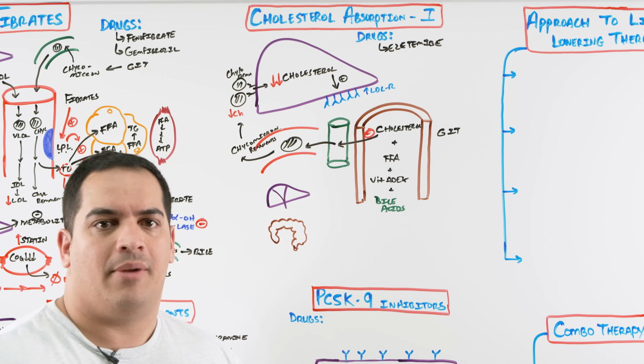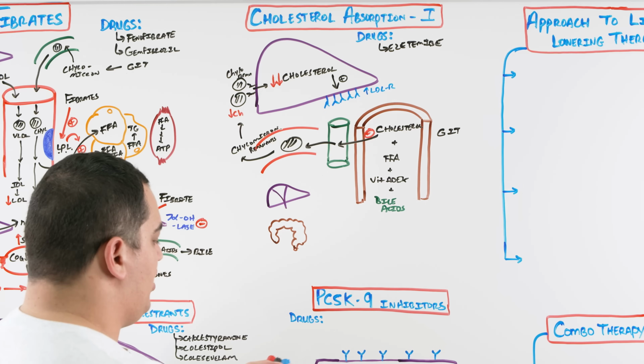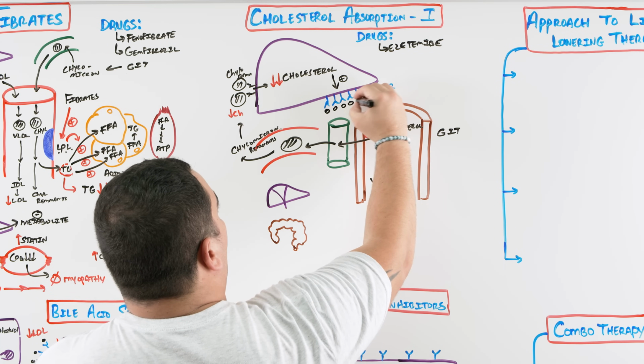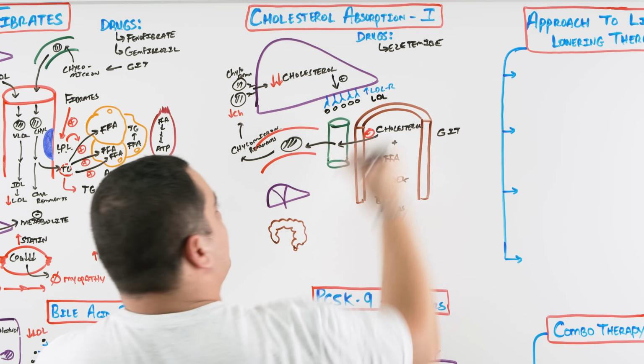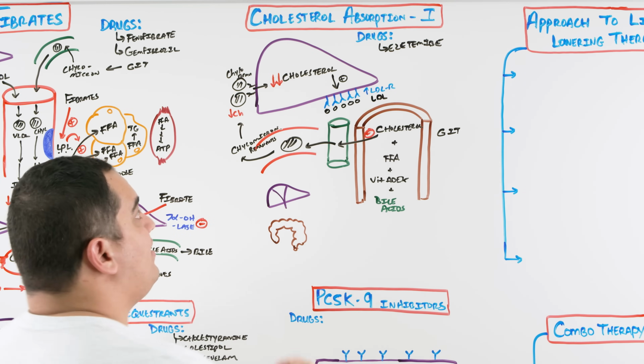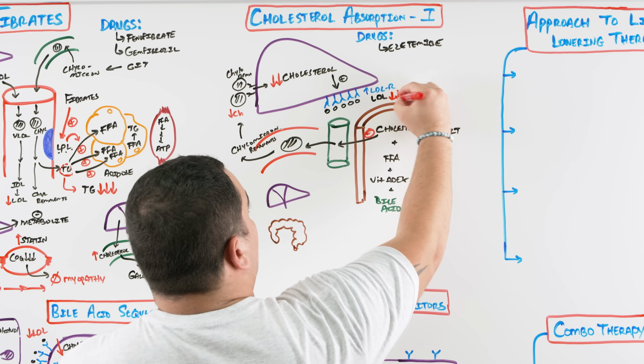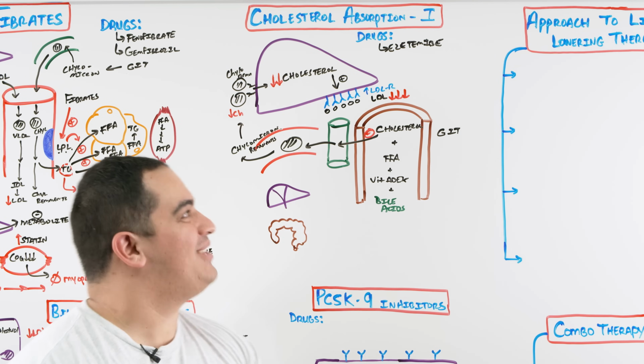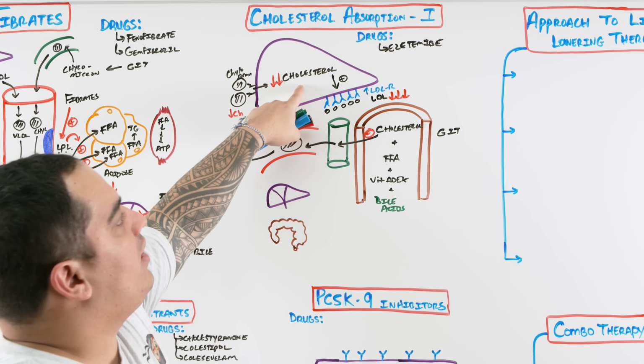That's the whole concept. So if I increase the number of LDL receptors, I'm going to bind way more LDL molecules, bring them into the liver, and remove them from the blood. So I'm going to drop the LDL molecules. Ooh, that's pretty cool. So that's one concept.